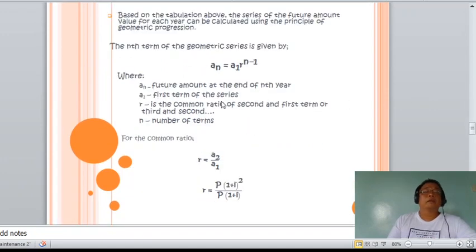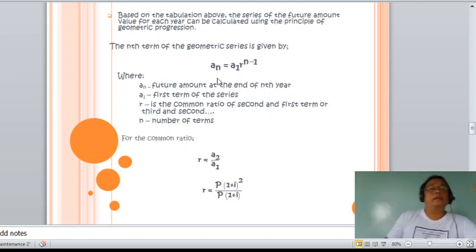Okay. So, based on the tabulation above, the series of the future amount value for each year can be calculated using the principle of geometric progression.